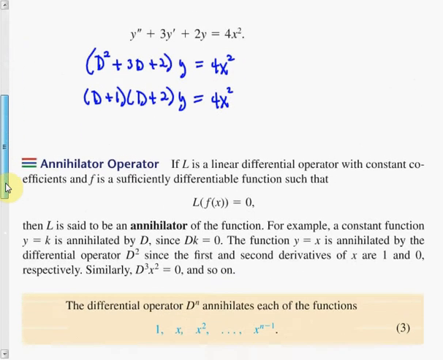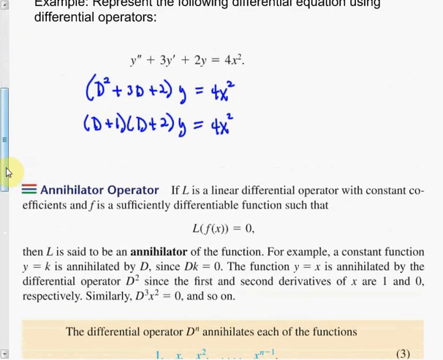So we introduced the operator here so that we can talk about another type of operator. It's a differential operator. Here is said to be an annihilator. So here I want to wipe out a term. How can we eradicate, how can we remove a particular function by using a derivative?